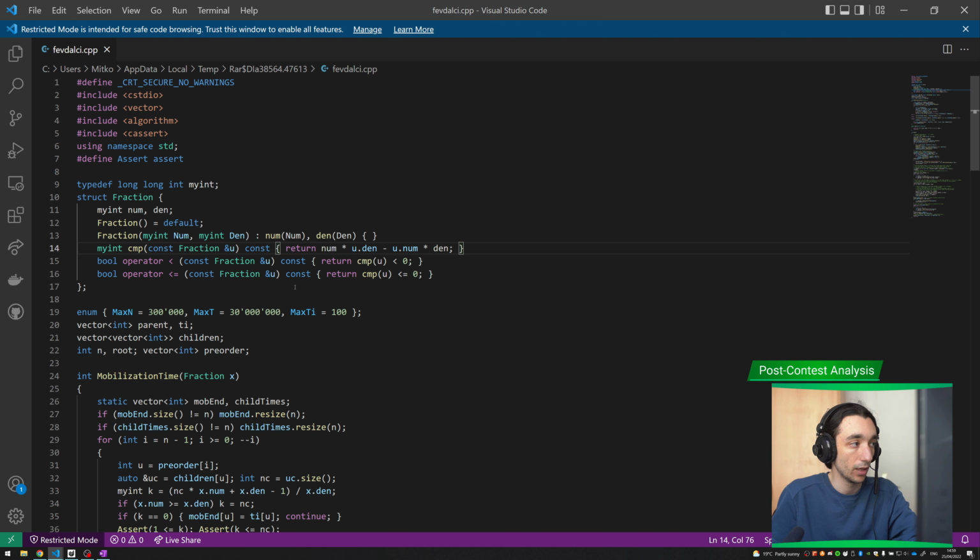Probably there are even other operations you can do as well. There are always thousands of operations you can do on fractions, but you don't really want to do that. It just gets a bit more complicated, you know.